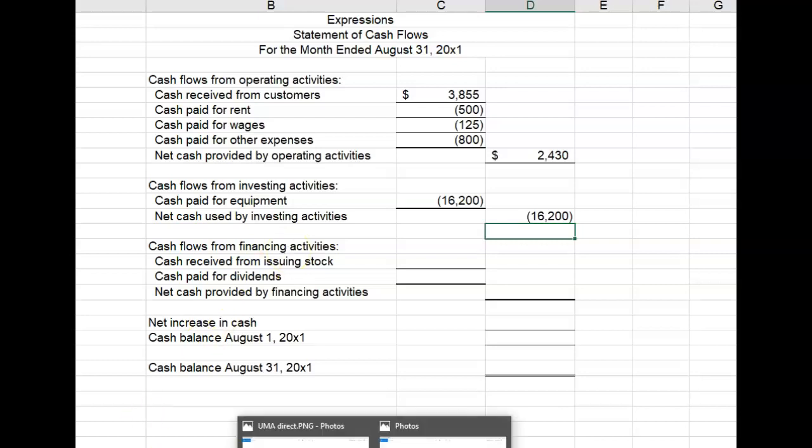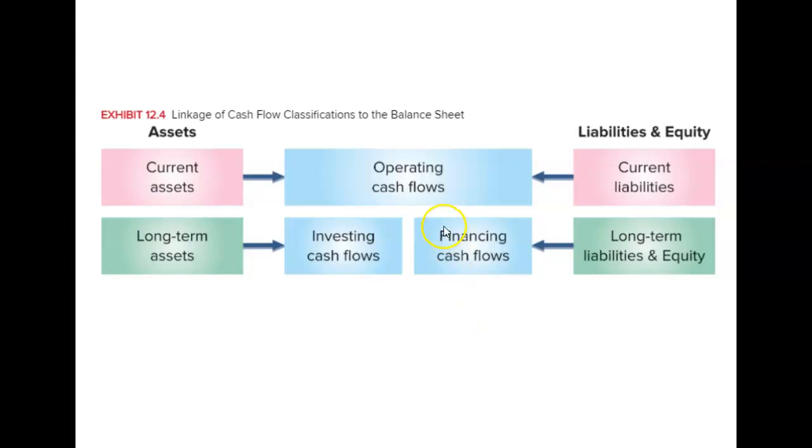Now we need to do our financing activities section. And let's take a look at our worksheet, our exhibit. In the financing section, we want changes in long-term liabilities and changes in equity, such as common stock and dividends, that were paid for with cash or cash was received because of those changes.